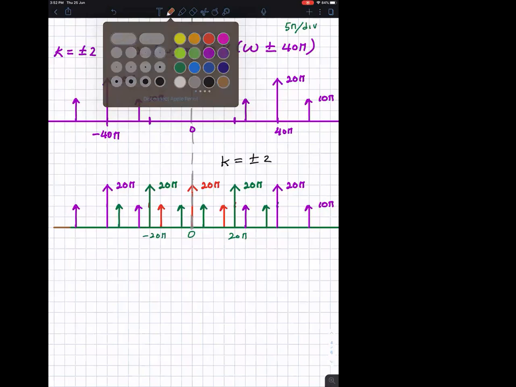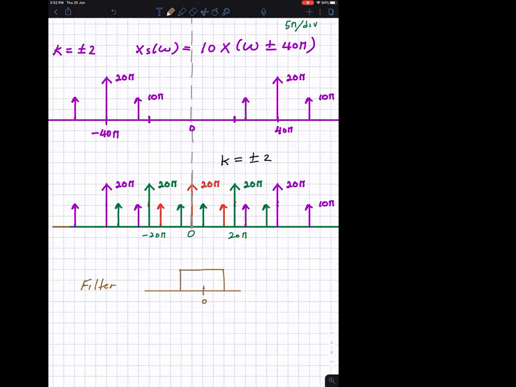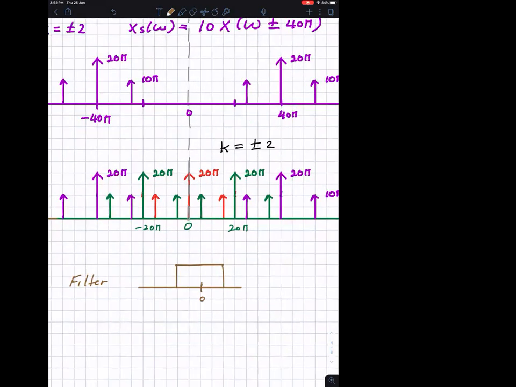So now you want to filter. Cutoff frequency: minus 1/2 sampling frequency to plus 1/2 sampling frequency.